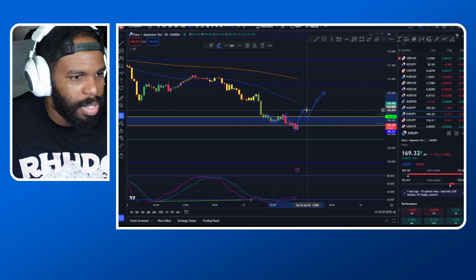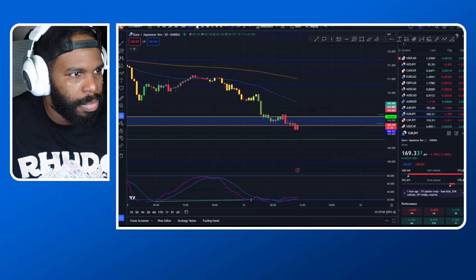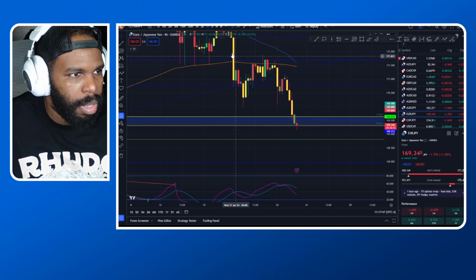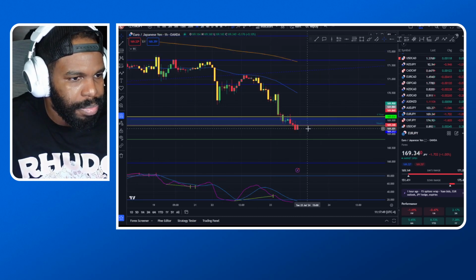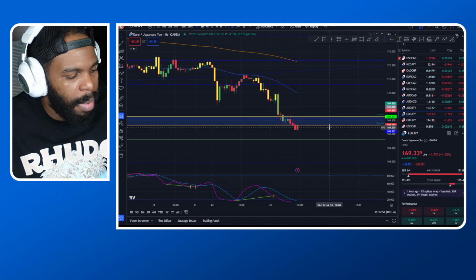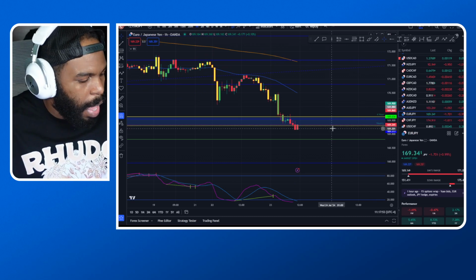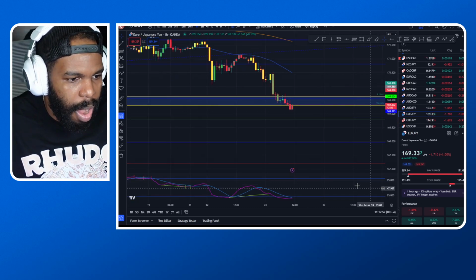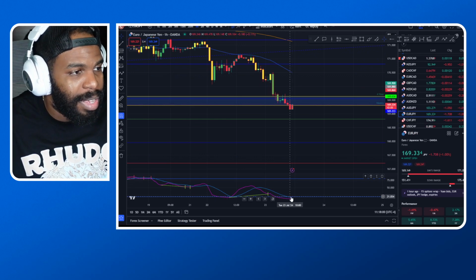Once the shift of structure happens on the 30-minute, you definitely want to wait for the bullish engulfing on the 1 hour, 2 hour, or 4 hour. We'll keep an eye out on that. Not only that, the RSI is definitely oversold, so that's a good thing.